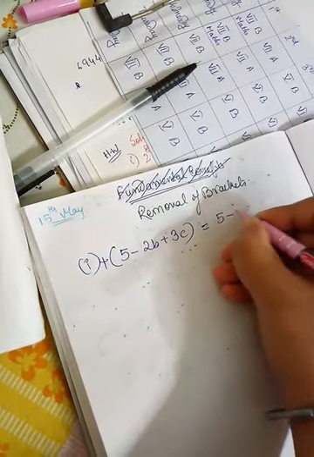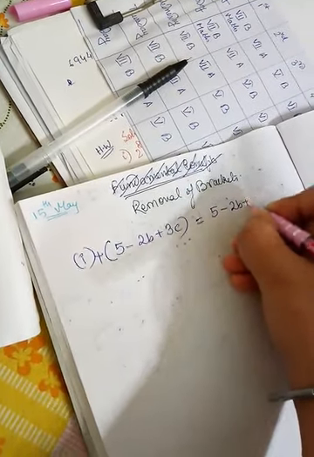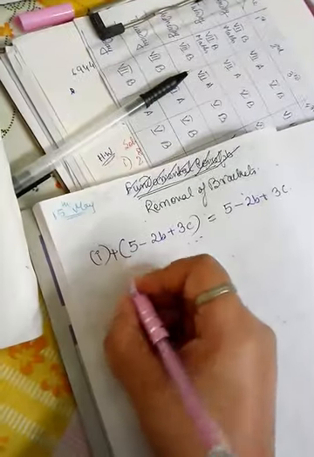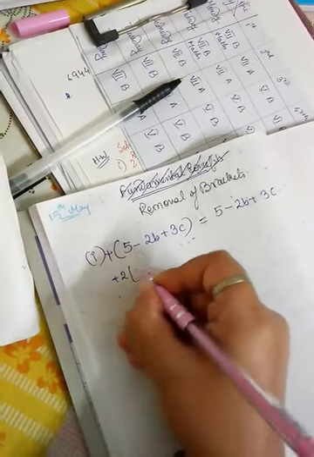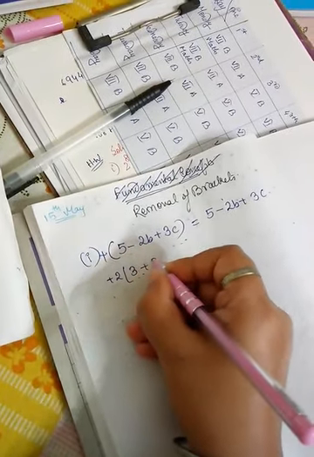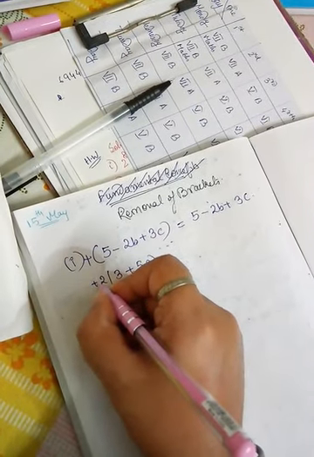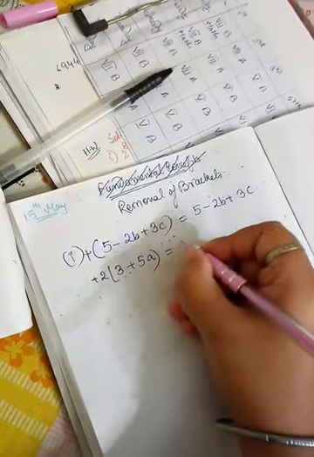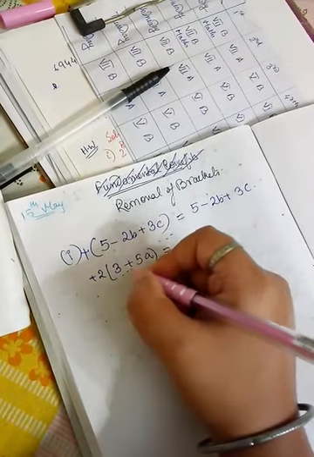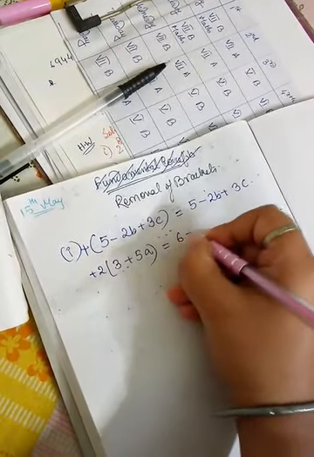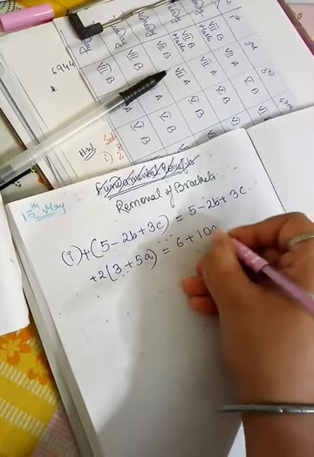So we will just write 5 minus 2b plus 3c. Or if there is plus 2 multiplying the bracket 3 plus 5a, since 2 has a positive sign, we will just multiply but the sign will remain the same. It will be just 6 plus 10a.